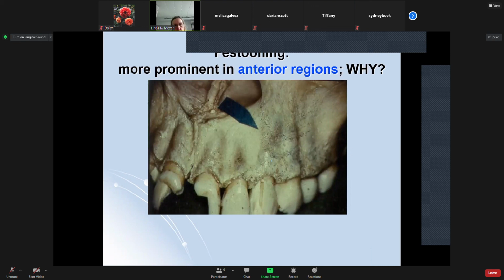And why do these root prominences show through more on the anterior? It's just that the bone is a little bit thinner in anterior regions. Just think about it, the anterior teeth don't have as many chewing forces acting upon them as posterior. So the bone tends to be thinner, making these root prominences more apparent and thus festooning more apparent.